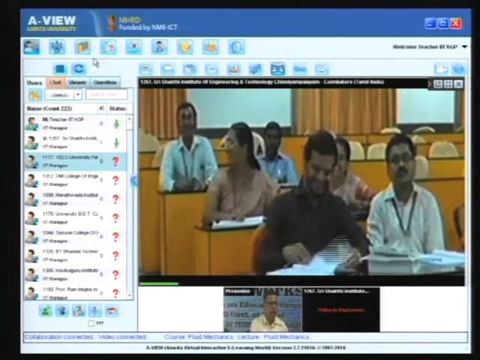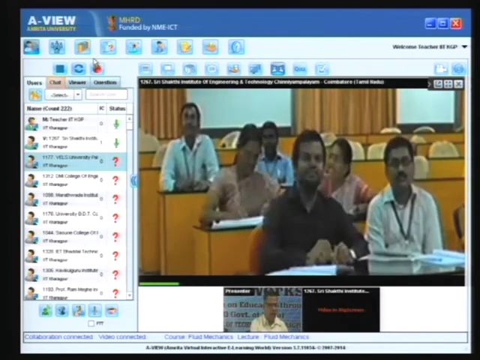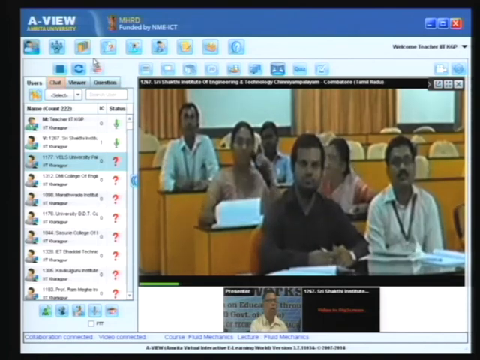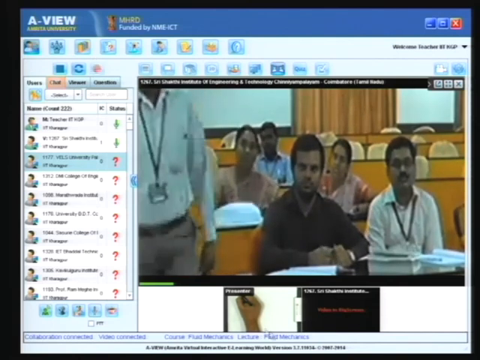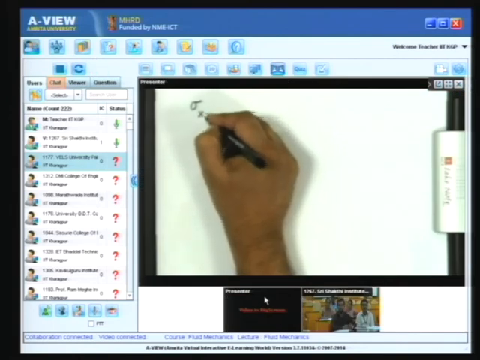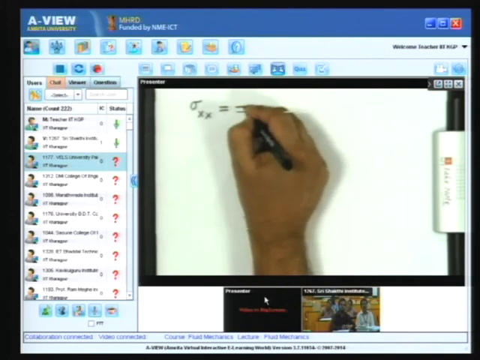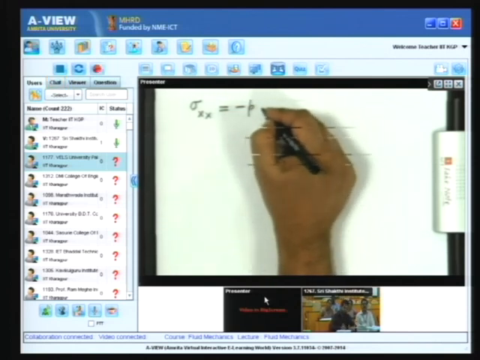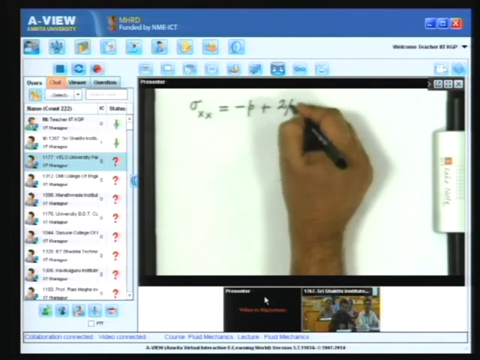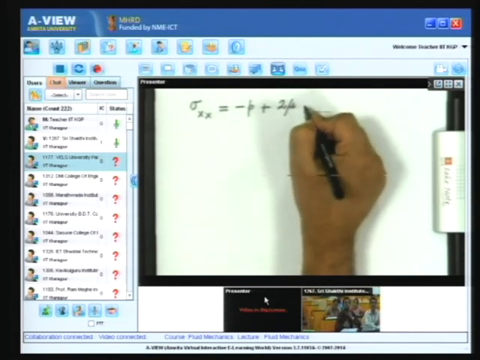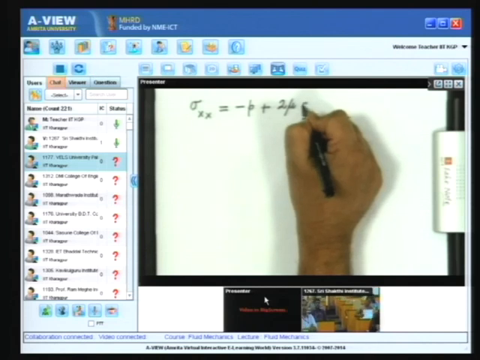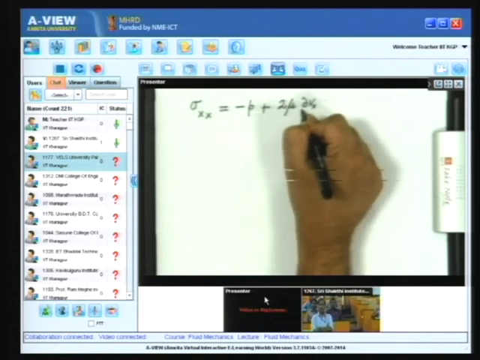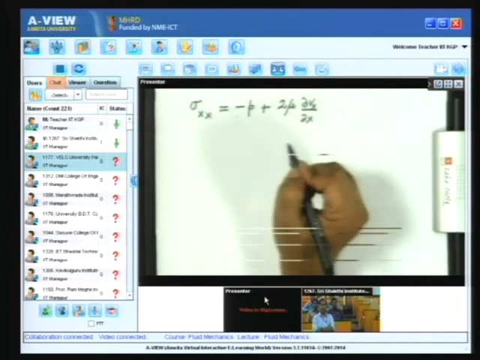See, if you have a Newtonian fluid, your sigma xx will be minus p, this is the hydrostatic part, plus twice mu, where mu is the dynamic viscosity, into the normal strain rate in the x direction. So, it will be del Vx by del x for an incompressible fluid.